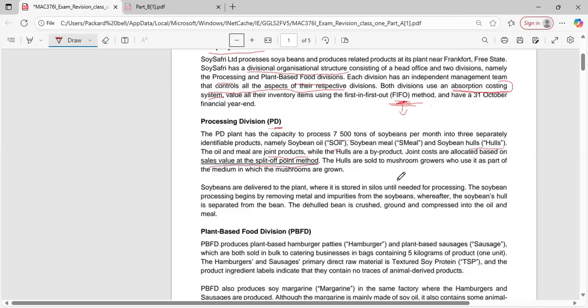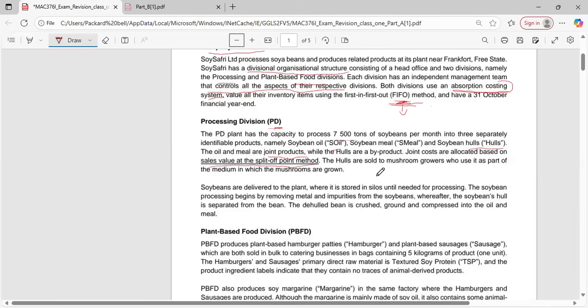Understand all those methods, because what you should do when you are doing your revision, let's say you are going through this question on byproduct costing, don't end on this question. Also go to the notes and the textbook so that you can also add something which is not here on the question.